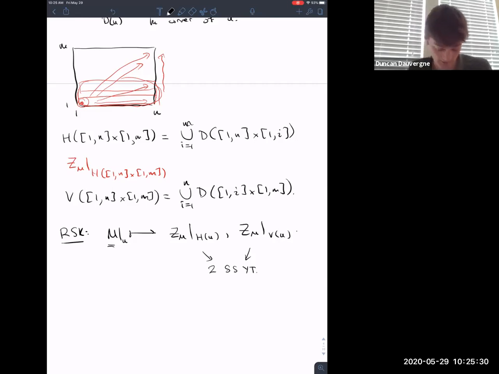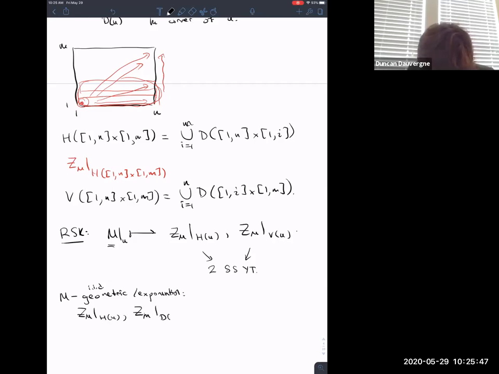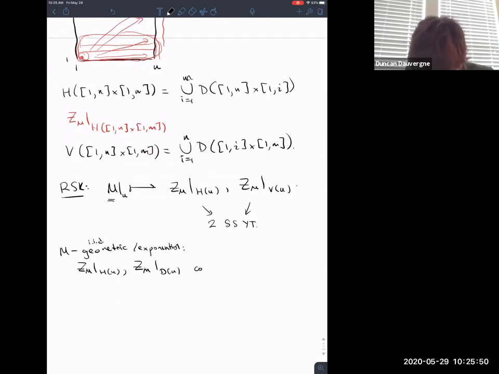So the probabilistic upshot here is that if you pick M to be IID geometric or exponential, then Zm restricted to H of U and Zm restricted to V of U are conditionally independent given Zm restricted to D of U. This one should be a V, sorry about that.